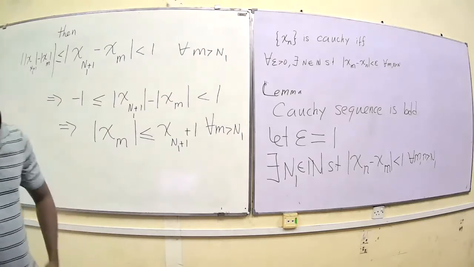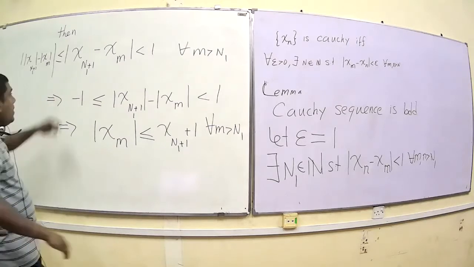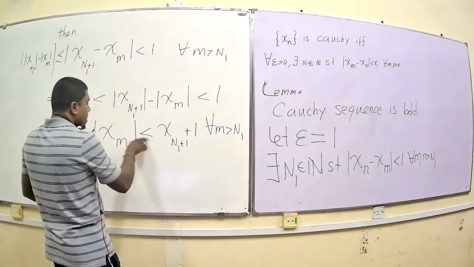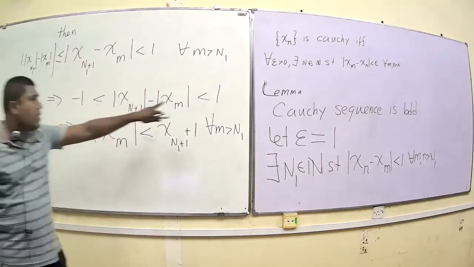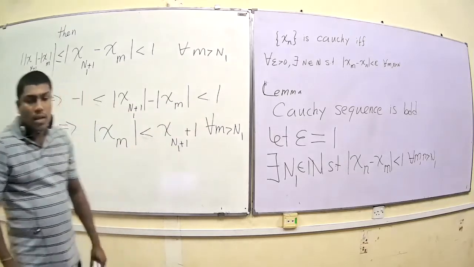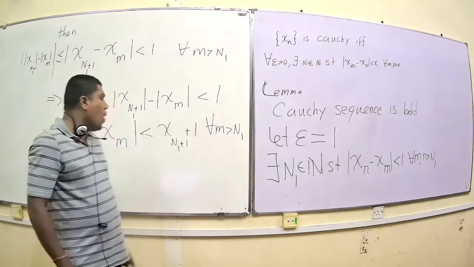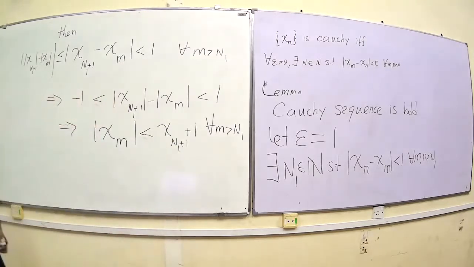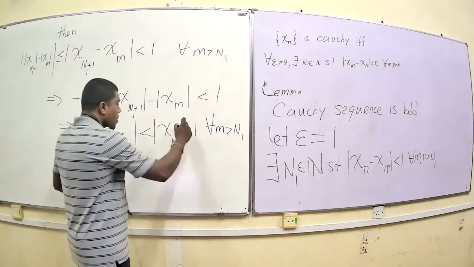I can say strictly less than, because all these are strictly less than. So for all m greater than n1, the absolute value of xm is less than the absolute value of xn1 plus 1, plus 1.